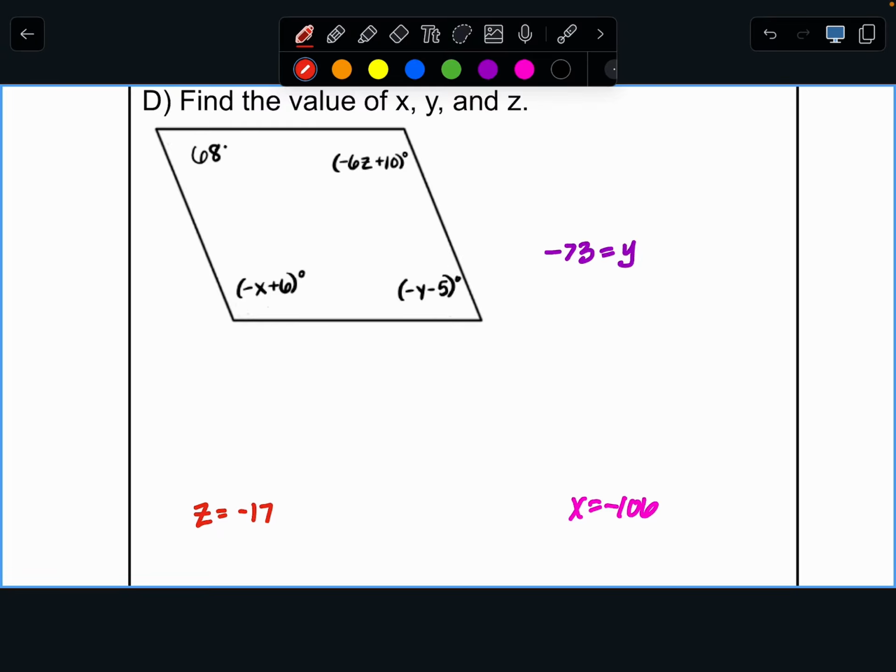So first, how can you find y? What can you do with y and the only number I have? What can you do with x and the only number I have? And what can you do with z? Like, what relationships do those parts have?